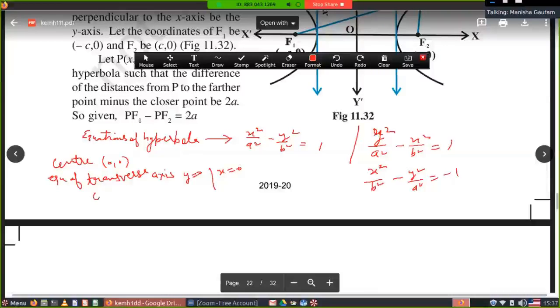Equation of the conjugate axis: it is x is equal to 0 and y is equal to 0, for horizontal and vertical respectively.